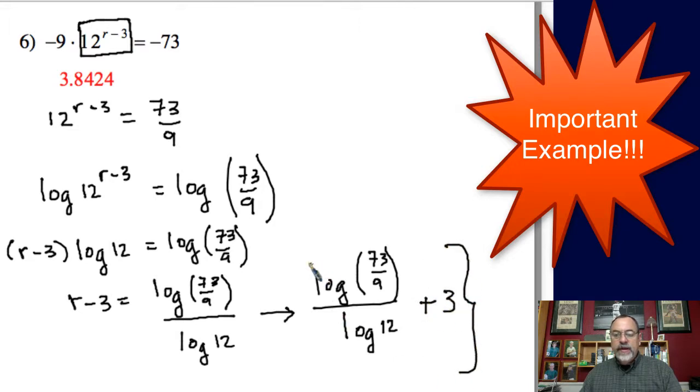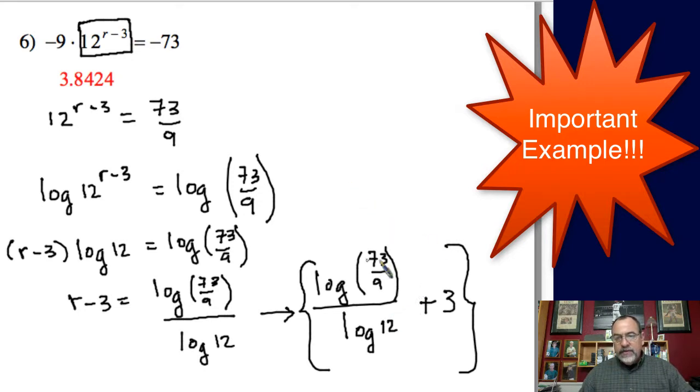So here would be my exact answer if I were not able to use a calculator in a test situation or something like that. So that's my exact answer. When we calculate that, we should get this. So I'm going to go ahead and calculate that on my calculator just to double check, because that one's got a lot going on.